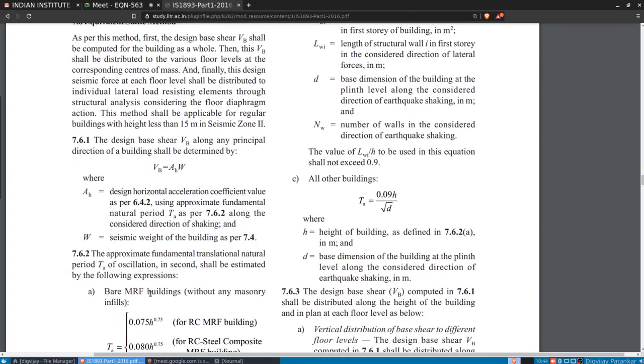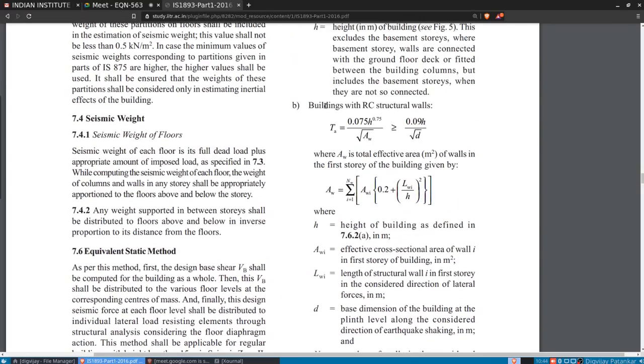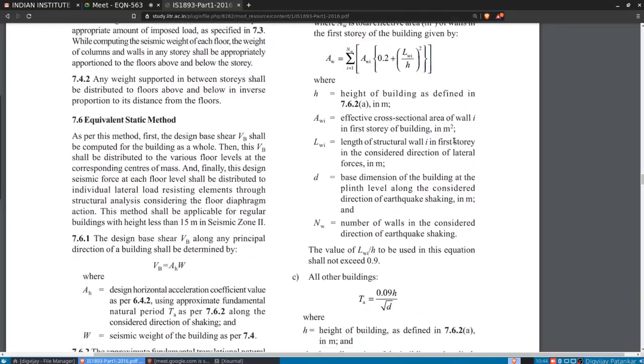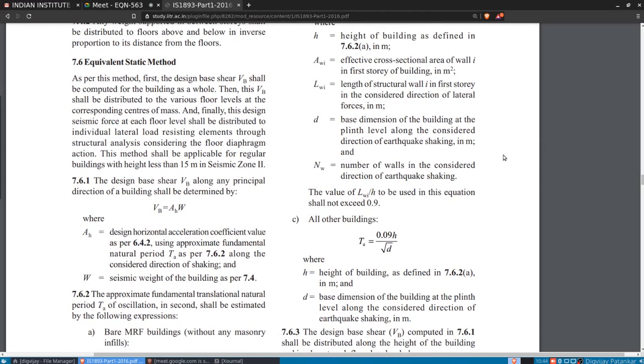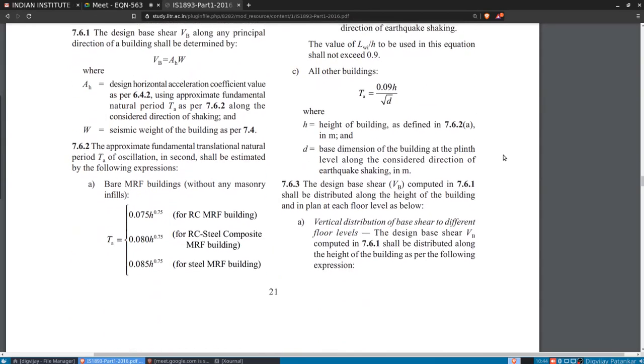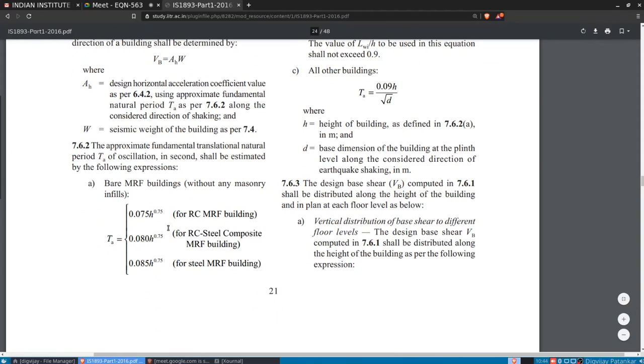A is here, B is here, and C is here. Moment resistant frame with masonry infill walls. A, sir. Which among these three? First one. Okay, first one. But here it is bare moment resistant frame, and what is written here?